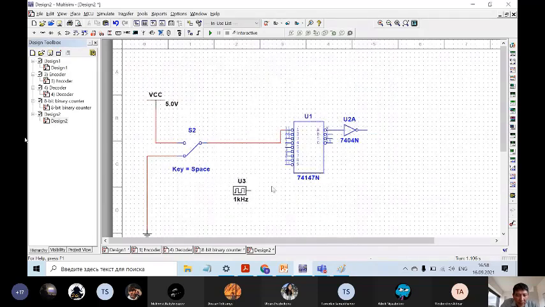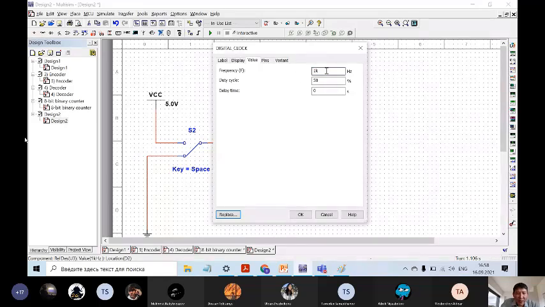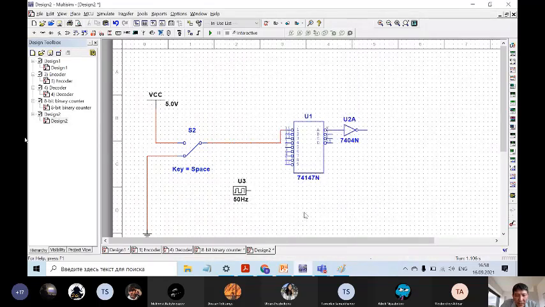So that's it. Here you can just change the frequency value. 1 kilohertz is a very high frequency. Just decrease it to 50. That's it. So I think now, tomorrow you should be able to assemble these three types of circuits.